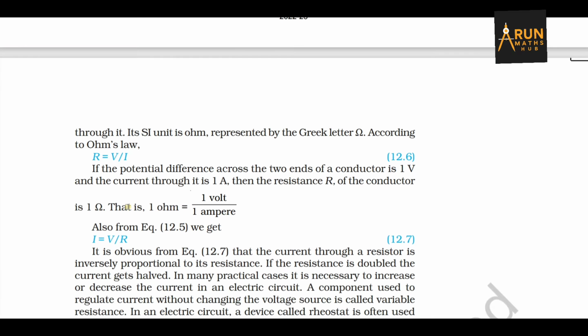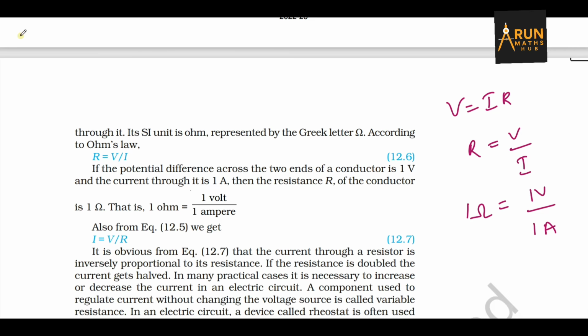And an important question you can expect is, define 1 ohm. V equals IR, so R equals V by I. So 1 ohm equals 1 volt by 1 ampere.